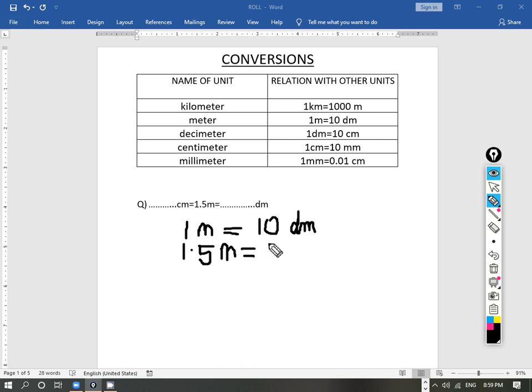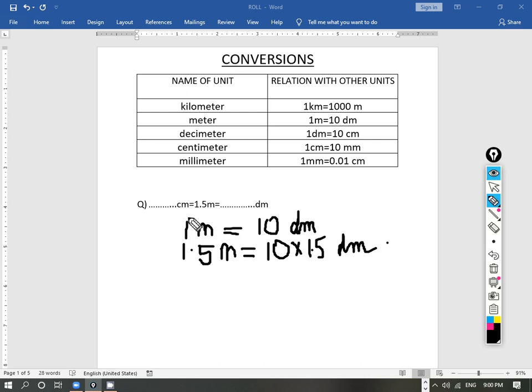So we multiply this 10 into 1.5, which gives 15 decimeter. So this is our one conversion.